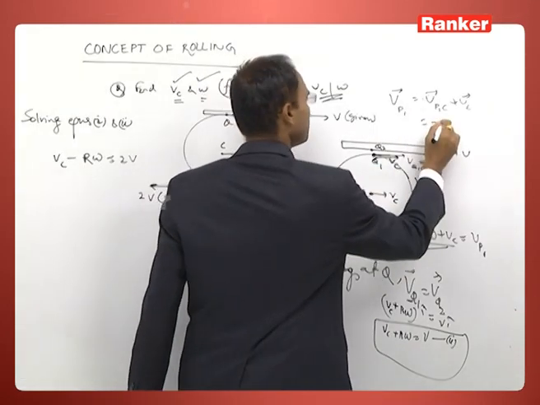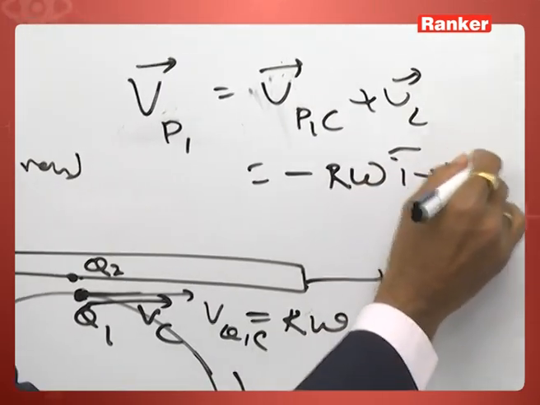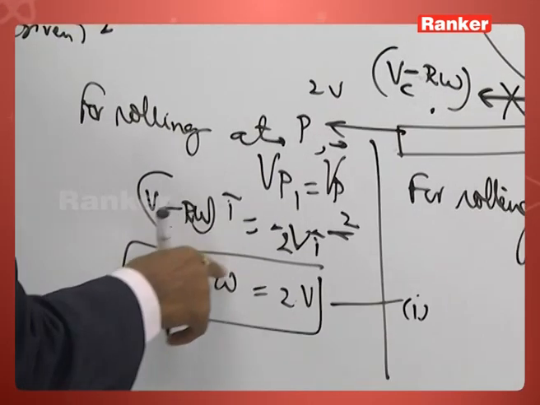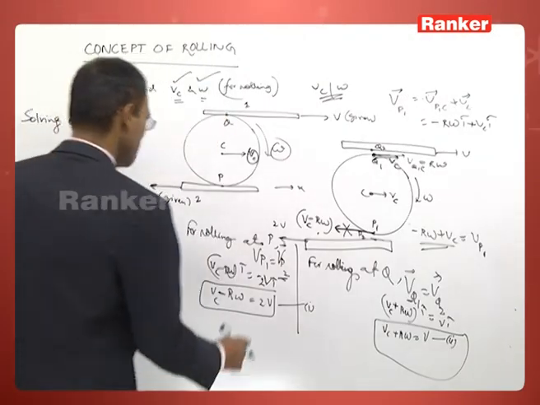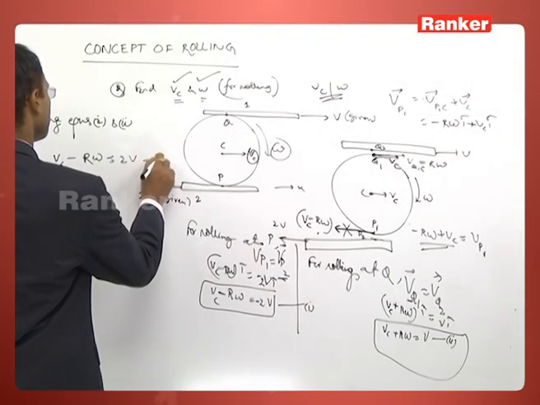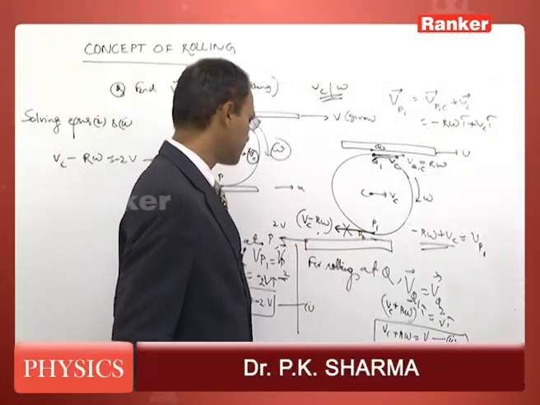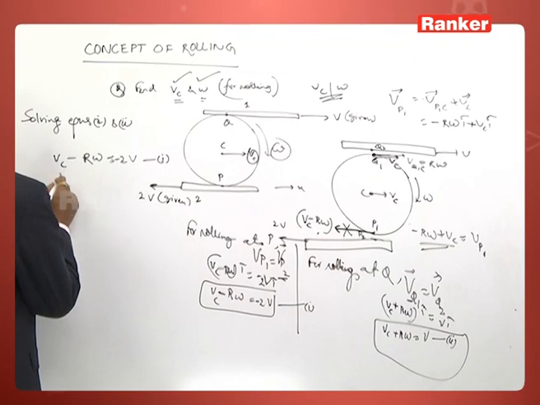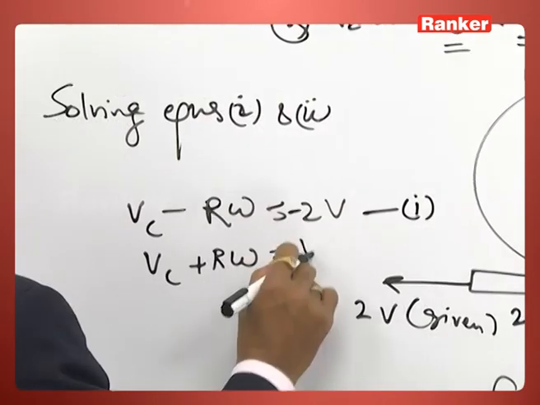Vp1c is in which direction? Minus r omega i cap, and Vc is equal to Vc i cap. So Vc minus r omega i cap. So Vc minus r omega will be equal to minus 2v, equation number 1. And at this point, we got the equation Vc plus r omega will be equal to v.